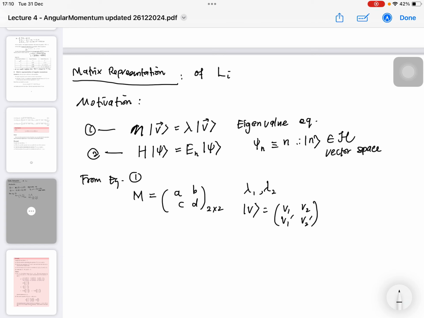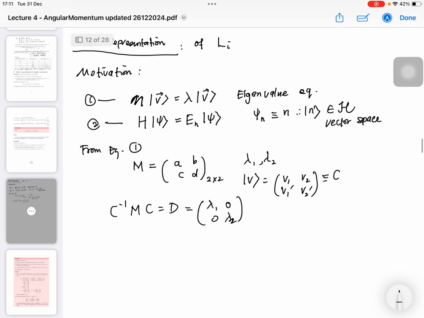Eventually, if this is matrix C, then you have C inverse multiplied with M, multiplied with C, gives D, and your D here is none other than lambda 1, lambda 2. This you call a diagonalized matrix. This is very well known.